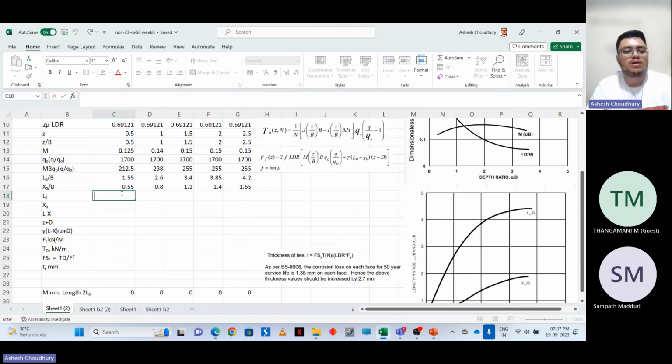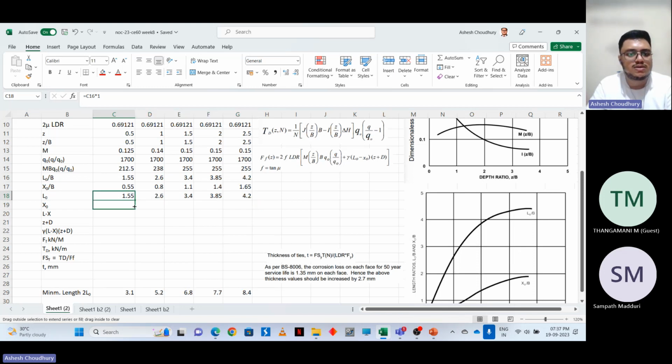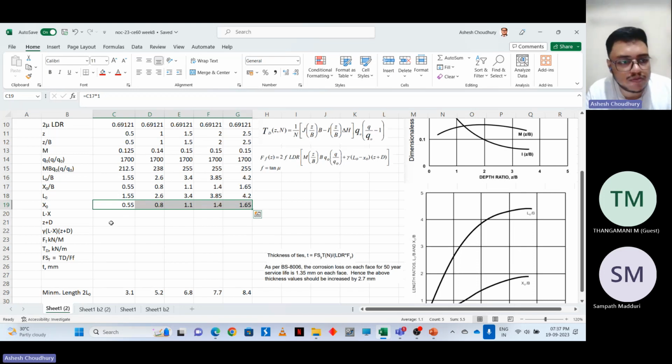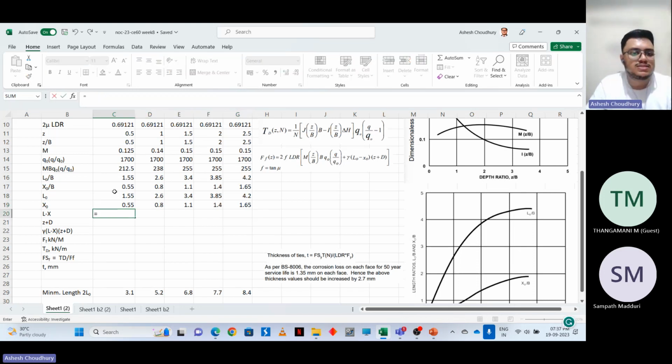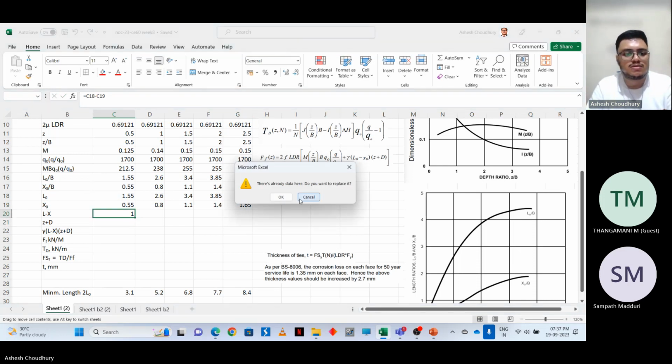Then what is L naught? L naught by B times B gives us L naught. Then the same we can carry out for X naught. So L naught minus X naught you can get.